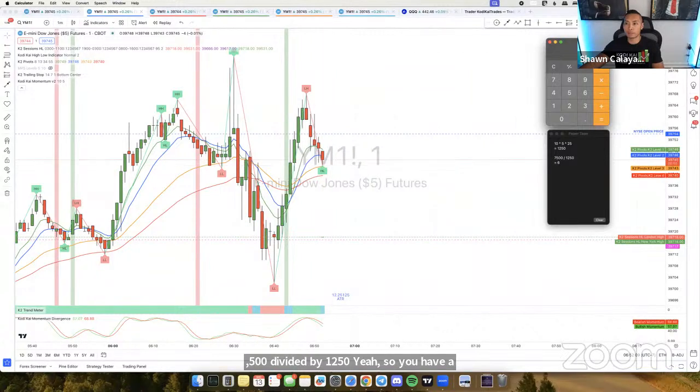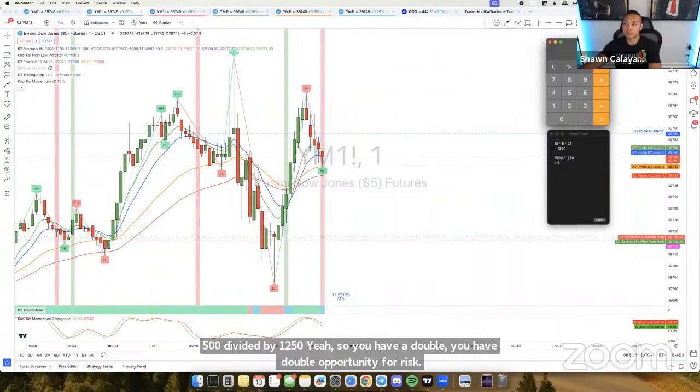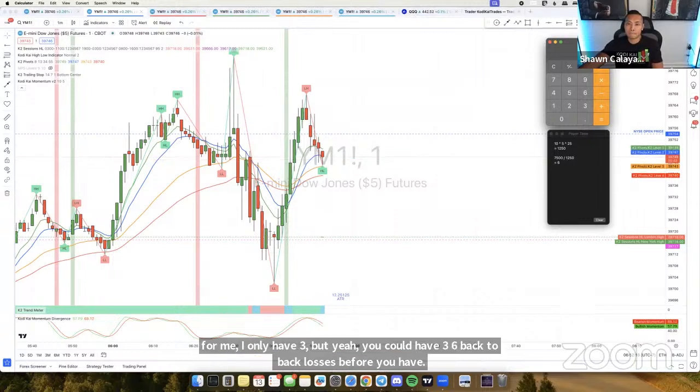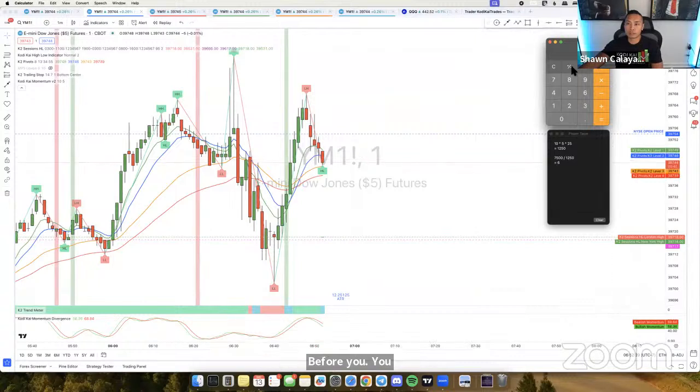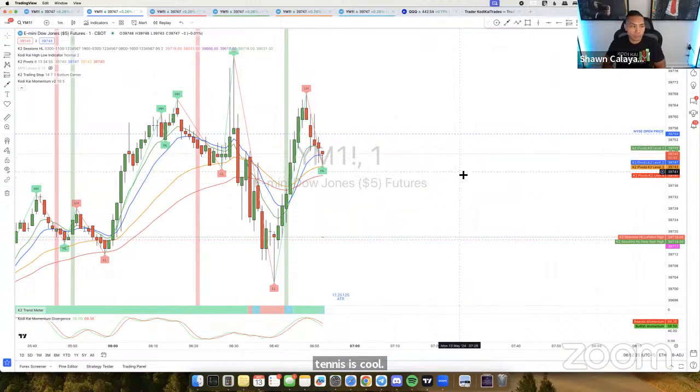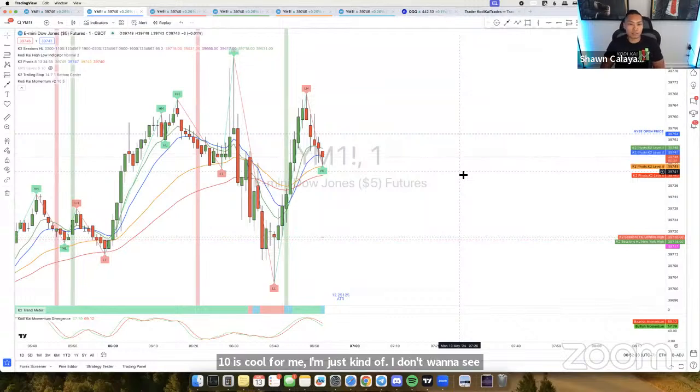For me, I only have 3, but you could have 6 back-to-back losses before you reach your trailing drawdown. So I think 10 is cool. For me, I don't want to say I'm rushing it because I'm really not rushing it. It's just I'm trying to get through this as soon as possible.